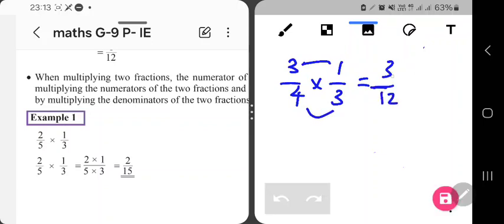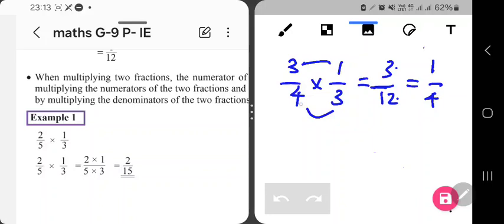And then you can simplify this. Just like you can multiply both denominator and numerator, you can also divide. So you can divide this part by 3 and this part by 3. 3 divided by 3 is 1. 12 divided by 3 is 4, so the answer is 1 quarter.